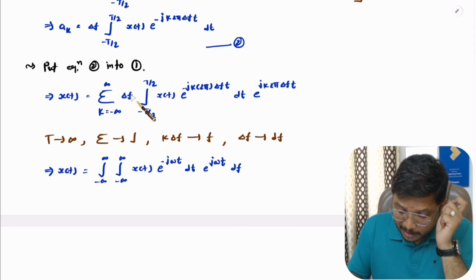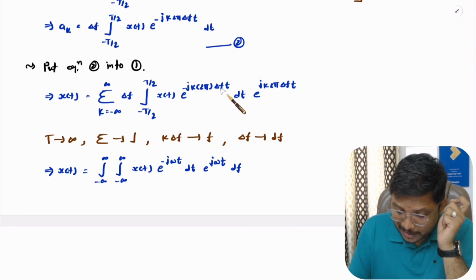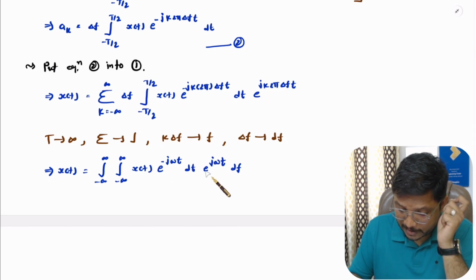Instead of this delta f, I have placed df. This is x of t. And here we have e to the power minus j omega t. See, this k into delta f is f. f into 2 pi is omega, right? Into t, that is how it is there. And here we have negative sign, and here we have positive sign.